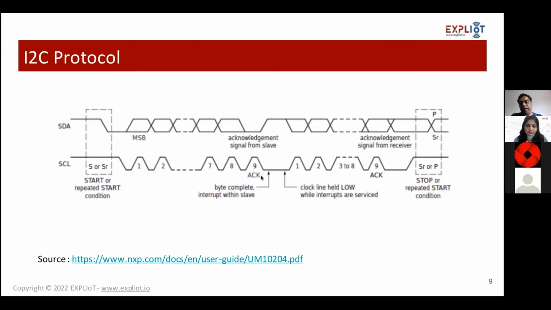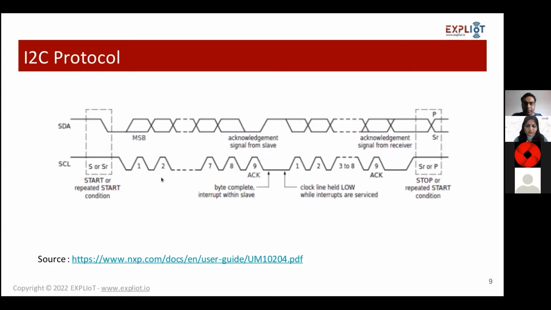When the master initializes communication, it's not that we are simply sending data, right? First, the master sends 7 bits of address, and the 8th bit is the read/write bit.